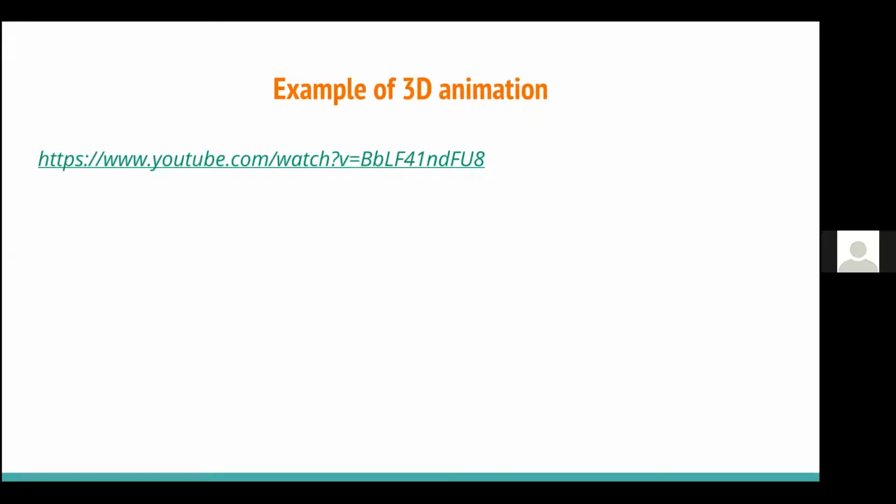This is also an example of stop motion animation, and this video was created by puppet animation. We created puppets to shoot this animation. We can see the motion and movement, or we can observe the length of the puppet. So this is the example of 3D animation.